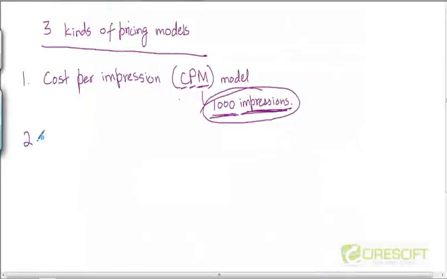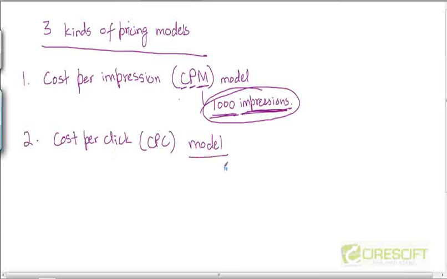The second model is called a cost per click model. In this model, as an advertiser, by the way, this model applies only to the internet.